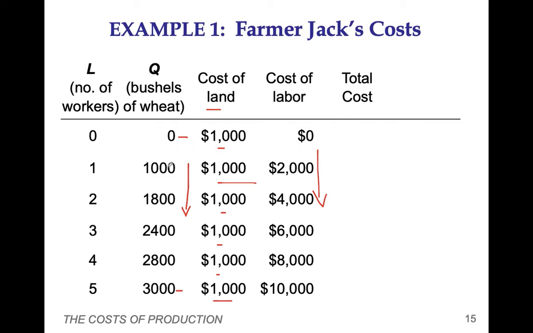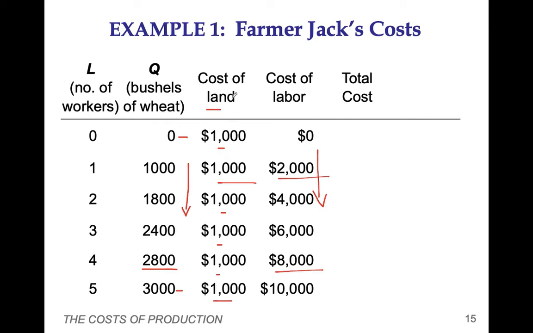If the farmer produces 1,000 bushels of wheat, the cost is $2,000. But if he wants to produce 2,800 bushels of wheat, the cost of labor becomes 8,000. So it does change with respect to the quantity of output.